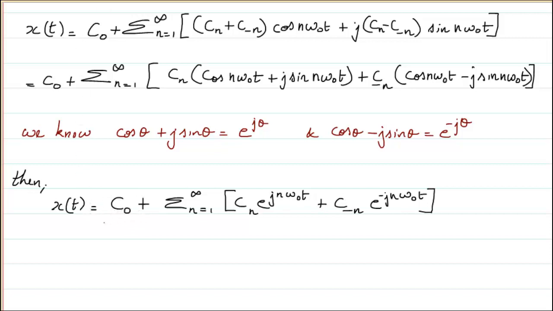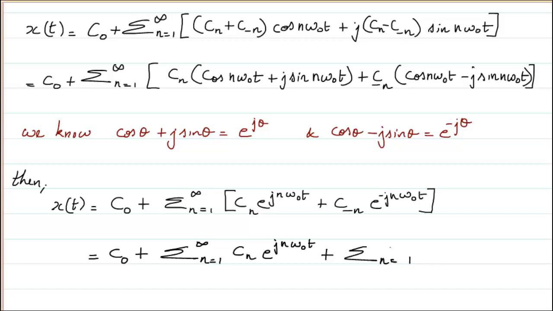So I can write this as C0 plus, I will split up the summation, and I will write this from n is equal to 1 to infinity Cn e raised to power jn omega naught t plus, now this is where the magic happens.